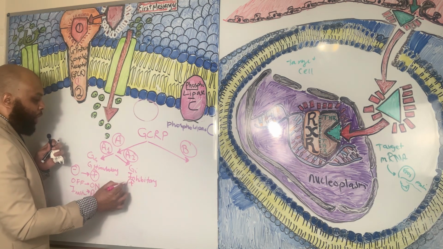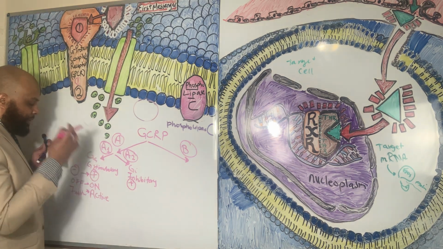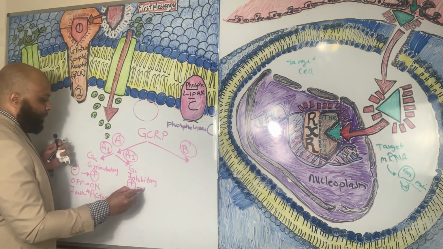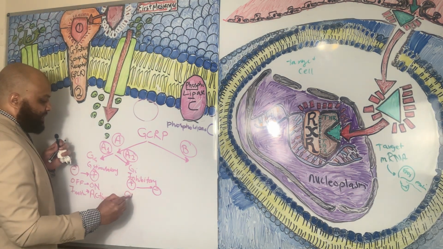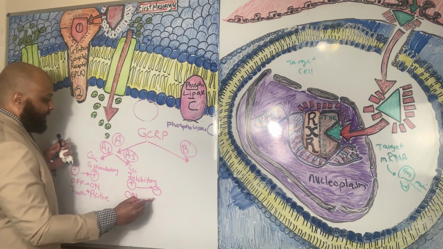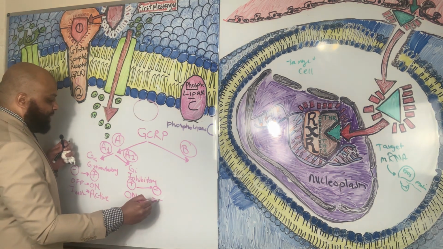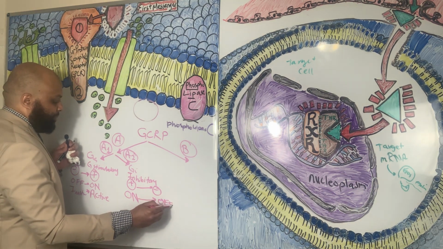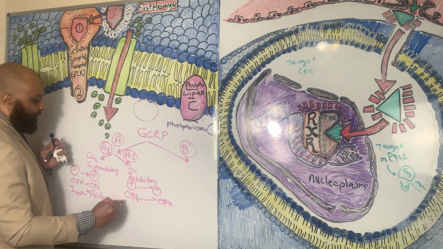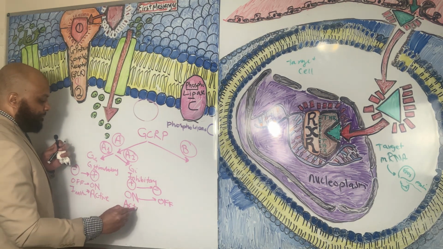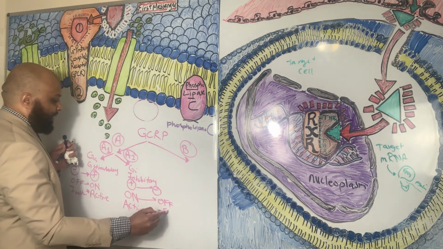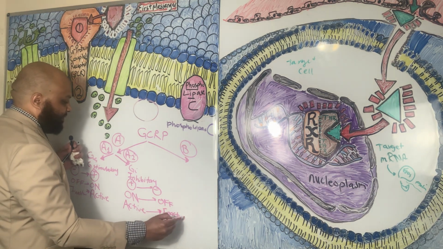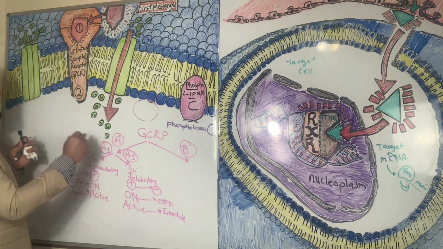We have an on enzyme that we need to turn off. We have a positive enzyme that we need to stop, and we need to make its effects less. We have an active enzyme, we need to make it inactive. So this is the first system.